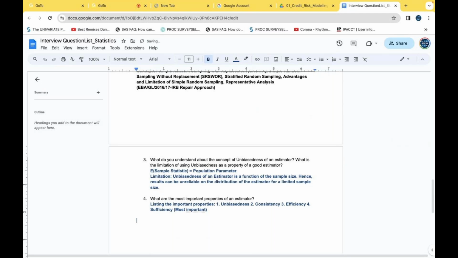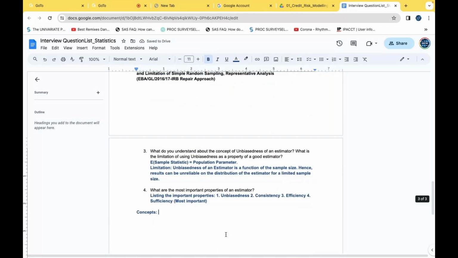In terms of concepts, there are four concepts you would need to study: the unbiasedness of an estimator, the concept of an estimator versus a parameter, and of a statistic versus an estimator.